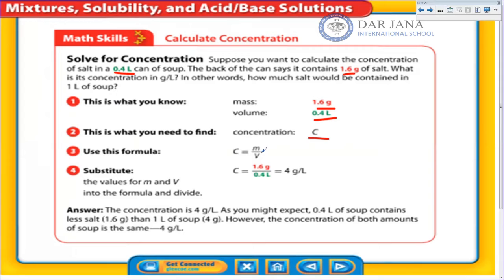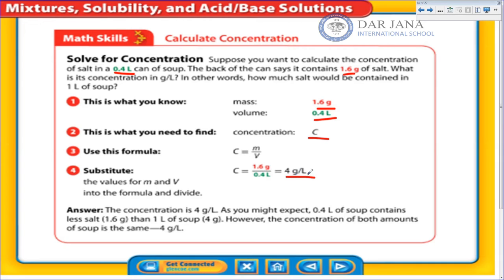Concentration is equal to mass divided by volume. So concentration is equal, in this example, to 1.6 over 0.4. 1.6 grams, this is the unit of mass, and 0.4 liters, L, which is the unit of volume. And then we get the answer 4 grams per liter.